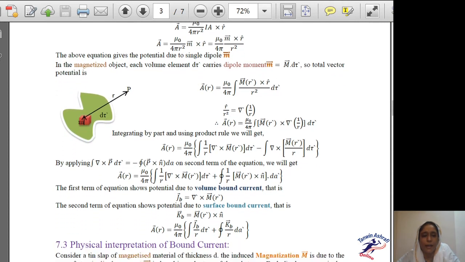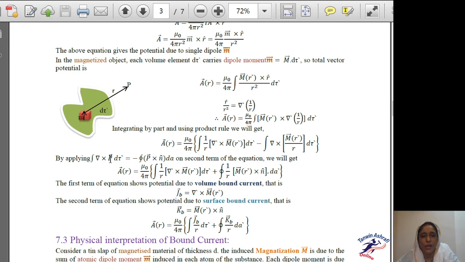Now applying a basic formula that the integration of del cross P d tau prime is nothing but minus the integration over a closed area of P cross n cap dA on the second term of the equation, we get vector A equal to mu naught divided by 4 pi times the integral of 1 upon r del cross M d tau prime, minus minus gives plus, the integral of 1 upon r M cross n cap over the closed area dA.